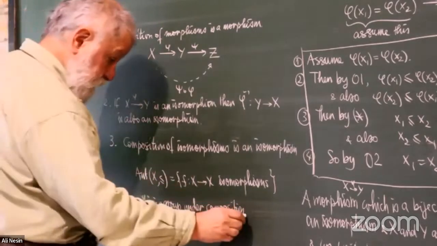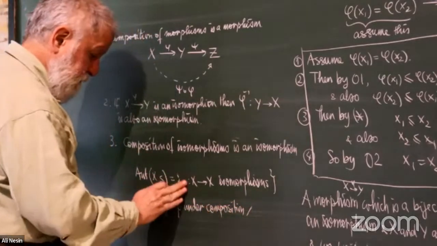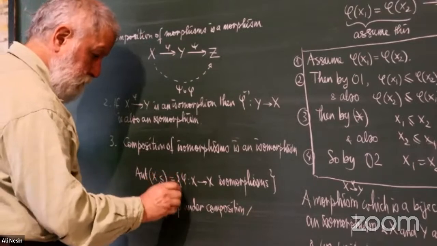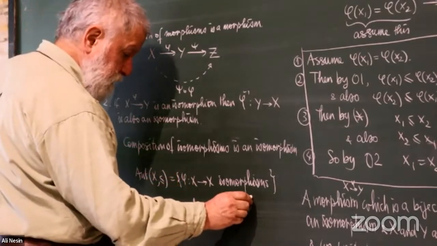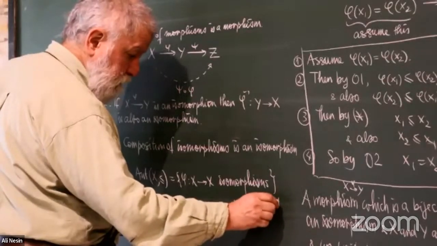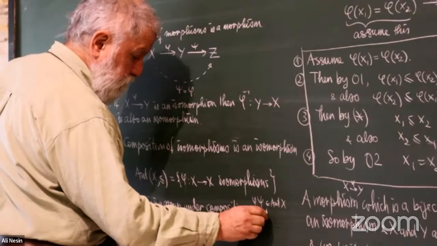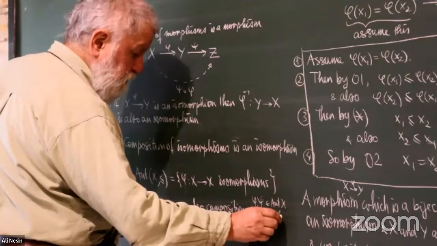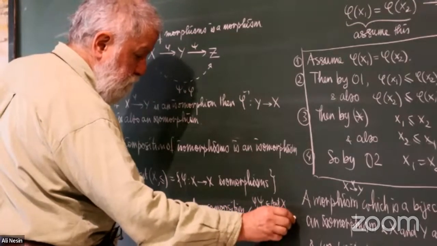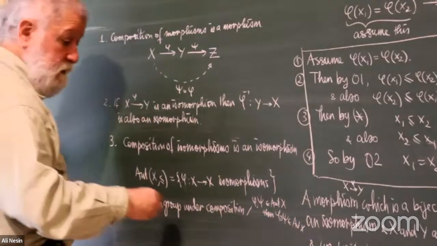What do I mean? It means that first of all, if phi and psi are automorphisms, then phi composed with psi is an automorphism. It is closed under composition.